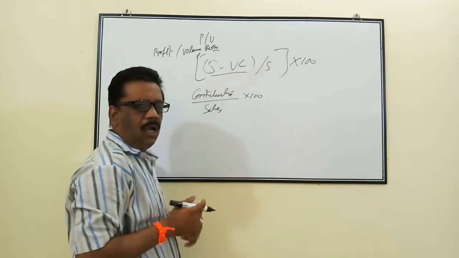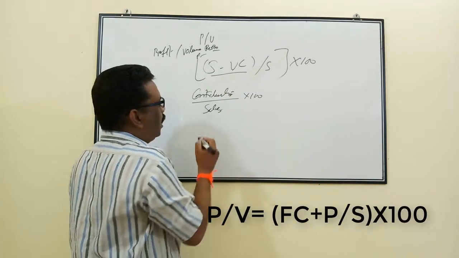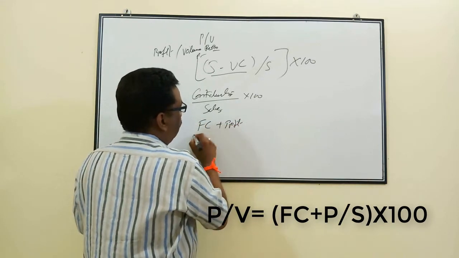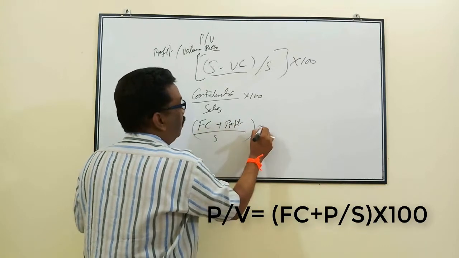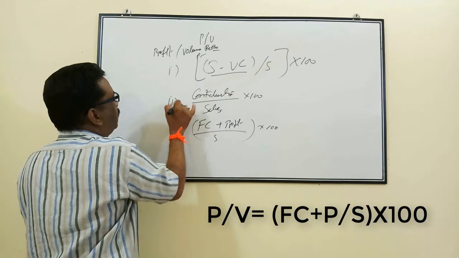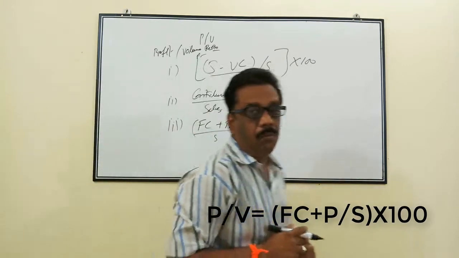Another approach under marginal costing is that contribution is nothing but fixed cost plus profit by sales into 100. So these three equations are applied in estimation of the PV ratio.